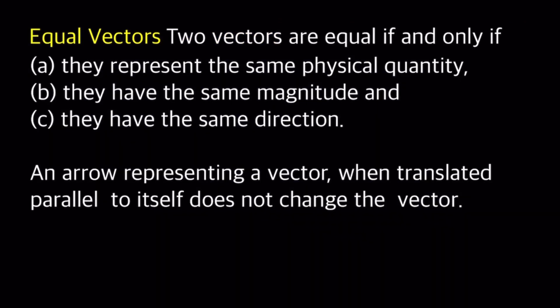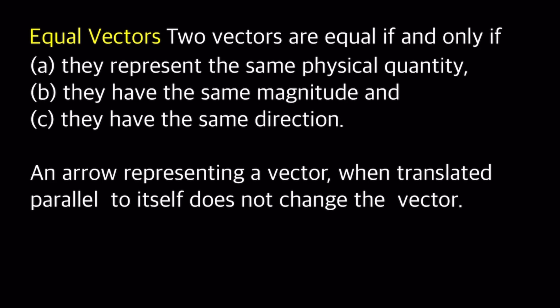Now equal vectors. For two vectors to become equal, there are three important ingredients. They must represent the same physical quantity, they must have the same magnitude, and they must have the same direction. You can say vectors are equal if they follow all these three criteria. Now, if you translate a vector parallel to itself without changing its magnitude and direction, then this vector is equal to the vector itself.